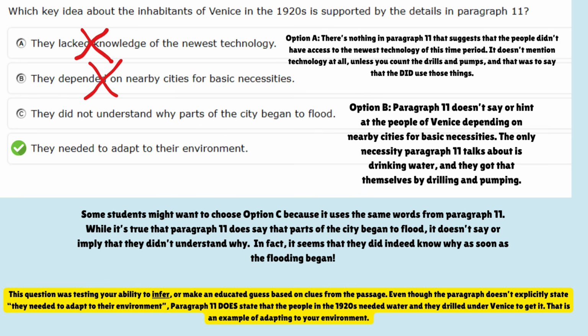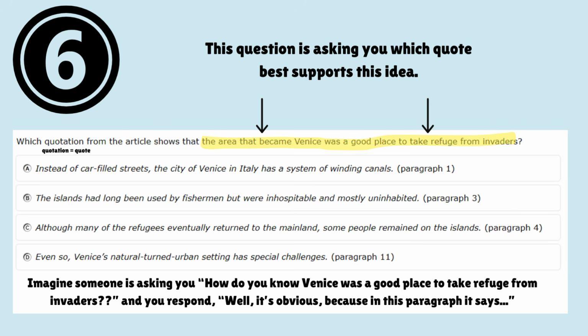All right, let's go to 6. This question is asking you which quote best supports this idea, and we highlighted that idea. Which quotation from the article shows that the area that became Venice was a good place to take refuge from invaders?